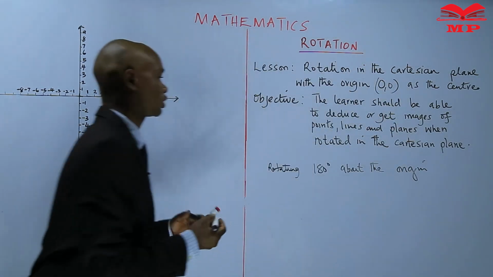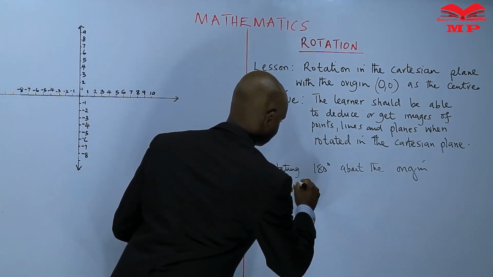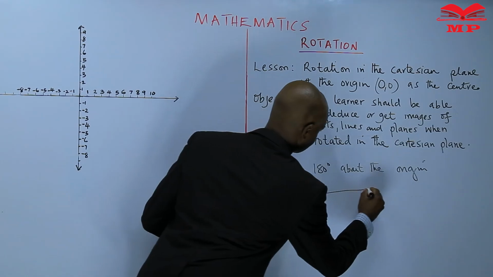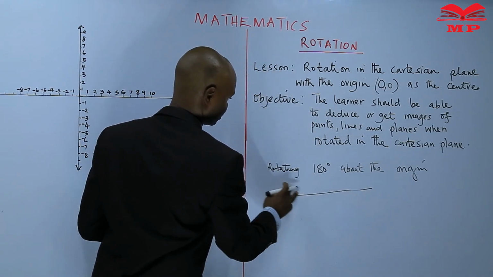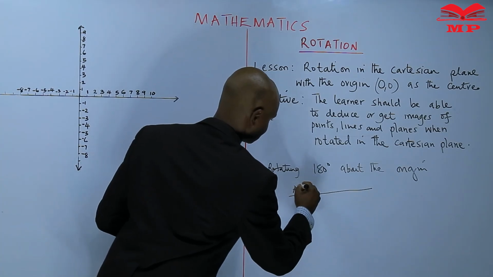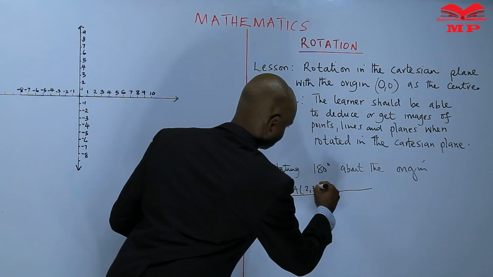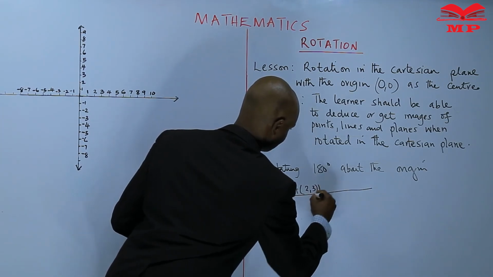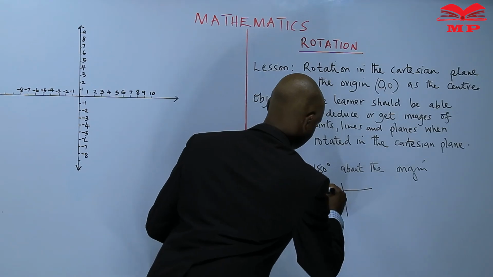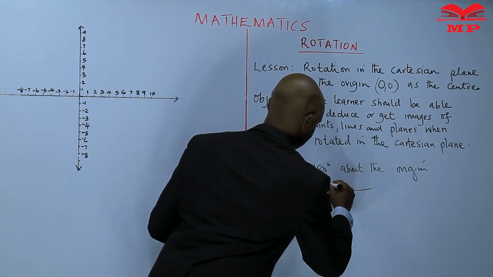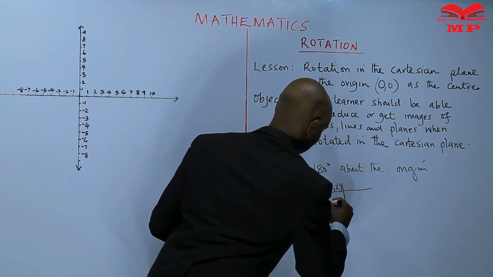As usual, it's good to choose points. We can have A, 2, 3. Below we should have A prime. You can choose B, -4, 2, and below we shall have the image.